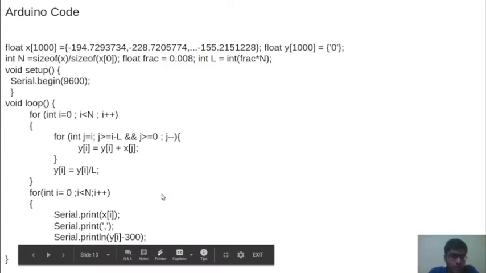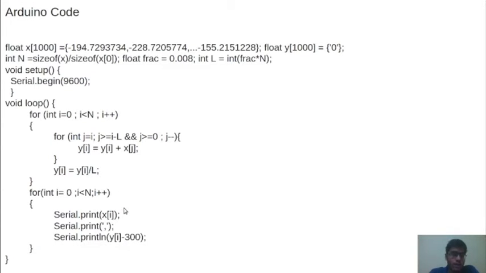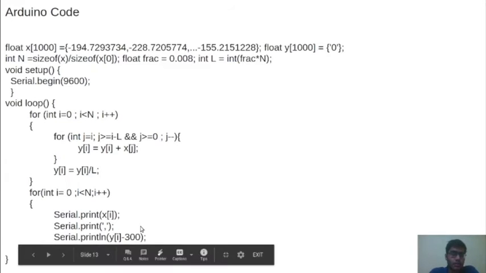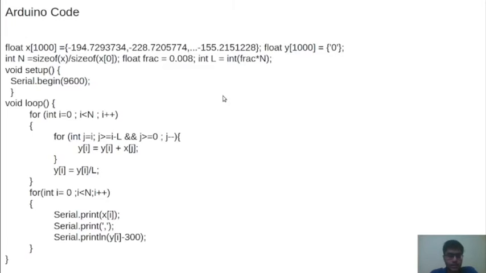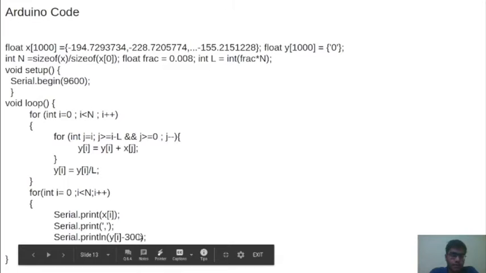Now in this loop we are printing the graph. Both the plots we are doing on the same graph so that we can compare easily, and in order to differentiate between the two plots we have given an offset, so that there's a difference of 300. If we hadn't given this part, then they would superimpose on each other and it would have been difficult for us to analyze.